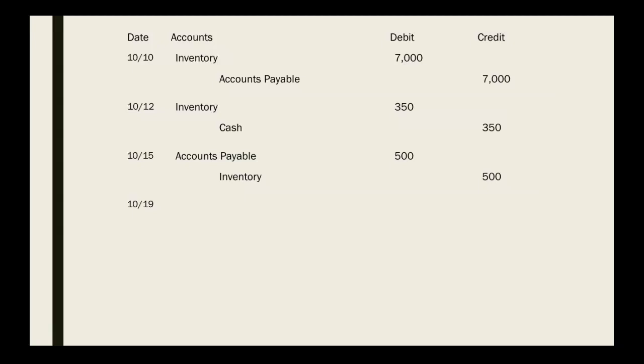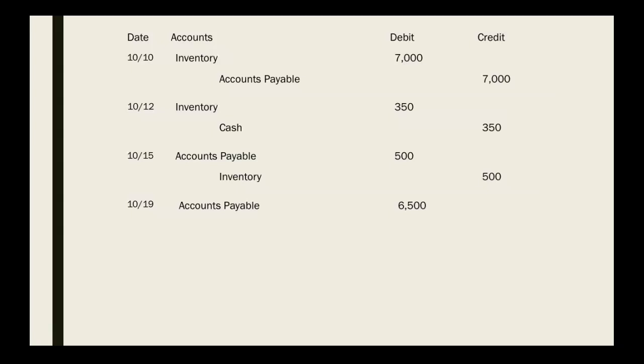Now on October 19th, it says Jones pays Taylor Company in full less the purchase discount. So we are paying them back the full amount that we owe minus this 2% discount since we paid back within 10 days. So this journal entry is going to debit your accounts payable for $6,500.